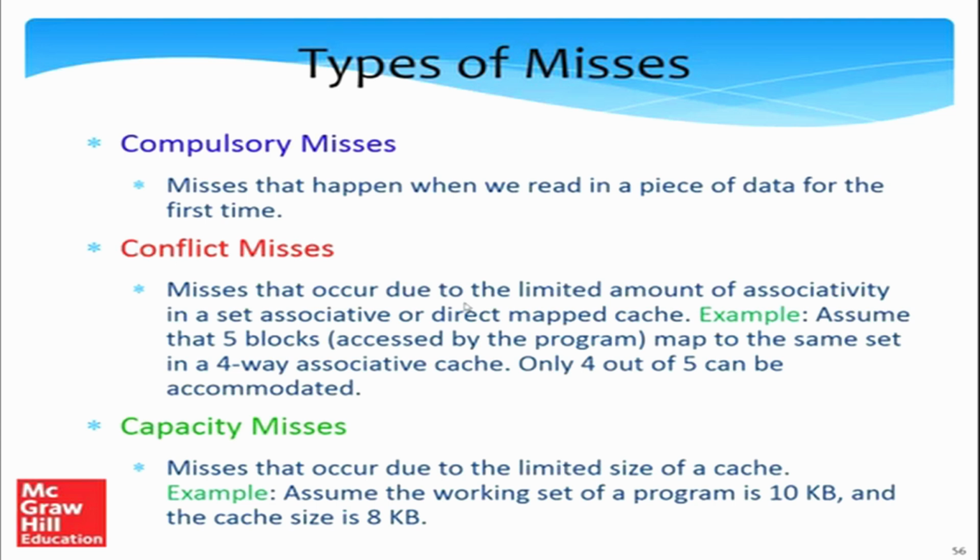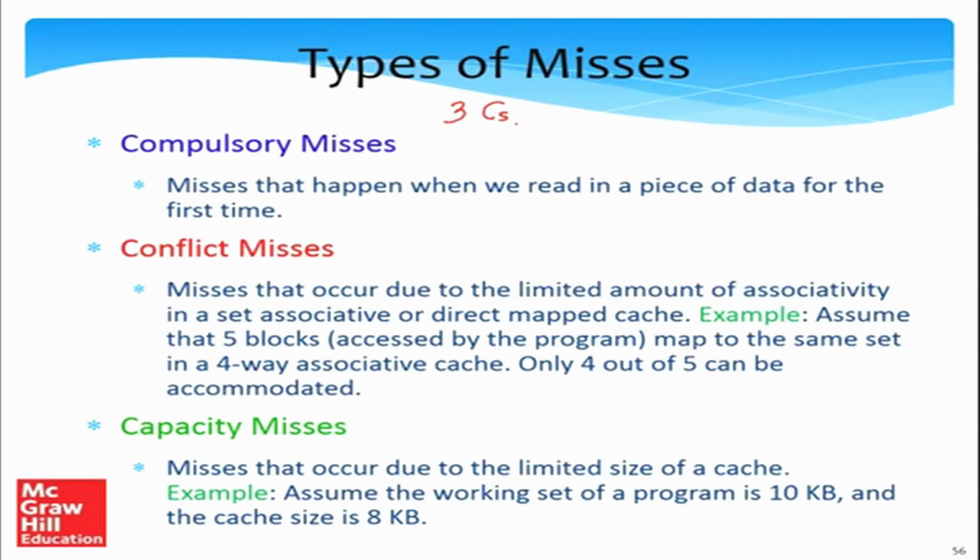Now, given that we have seen this, let us look at misses and what can be done with them, and let us try to classify the types of misses that happen in a memory system. These are called the three C's, because there are three kinds of misses, and all three start with the letter C. The first category of misses are compulsory misses.